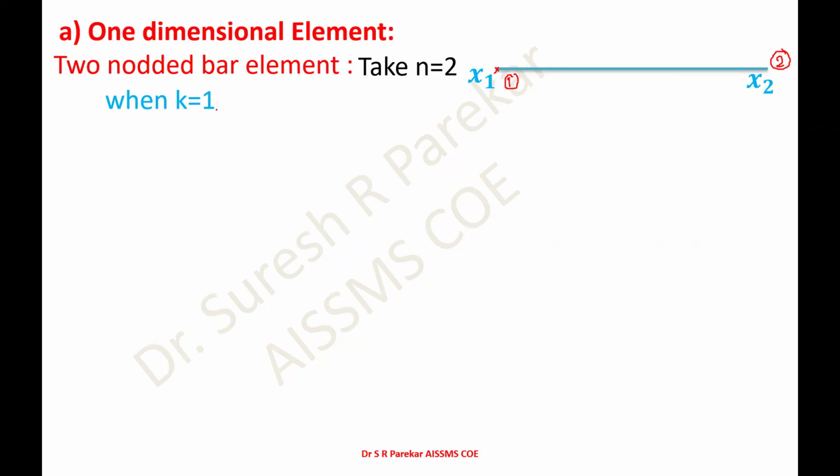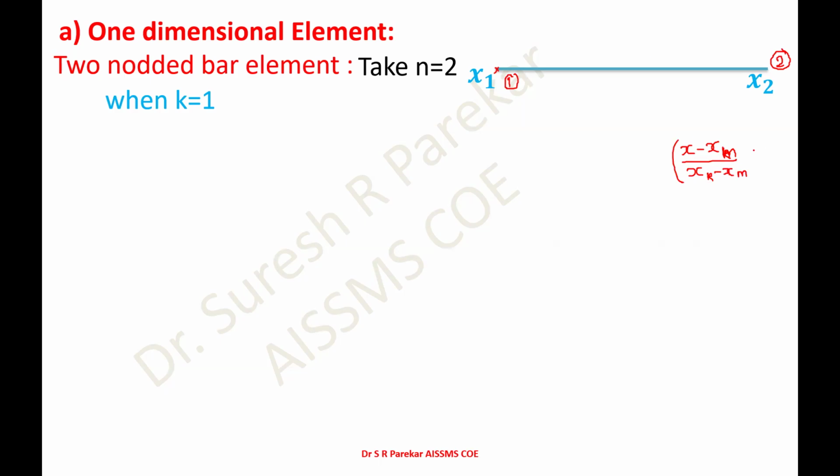So we have substituted k equal to 1. Now we know the formula: x minus xm divided by xk minus xm.